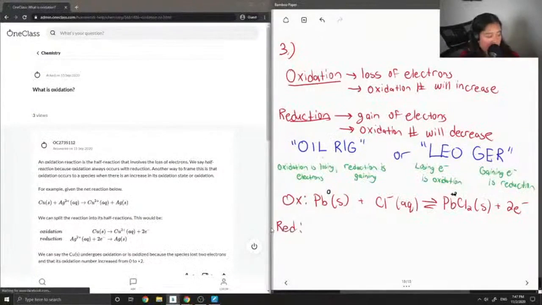If I wanted to write out a reduction reaction, let's say I had silver chloride. When you have a reduction reaction, your electrons are the reactants. So that shows that there is a gain of electrons.